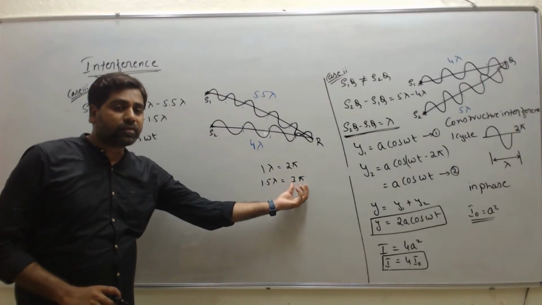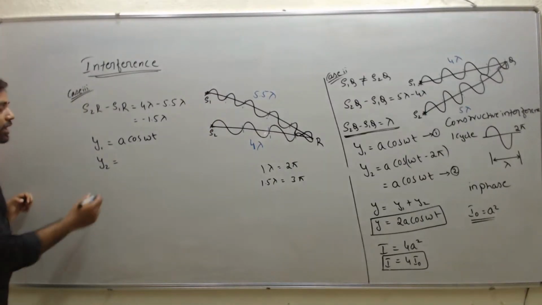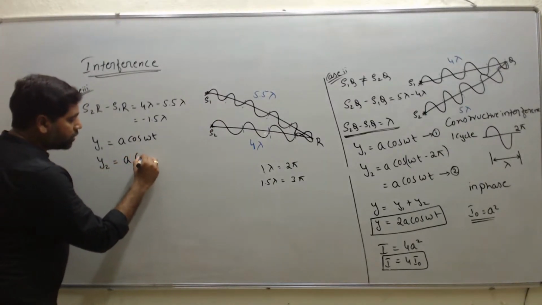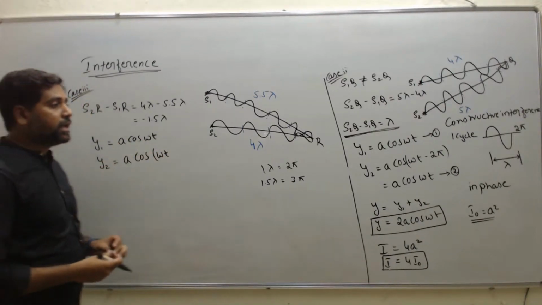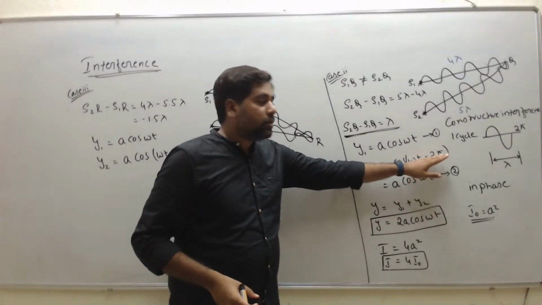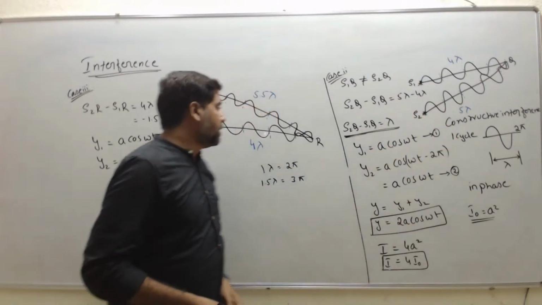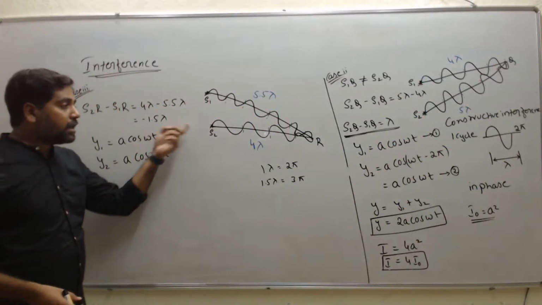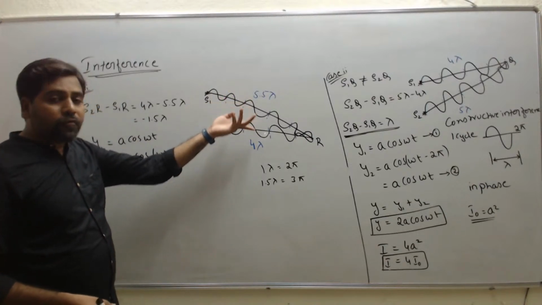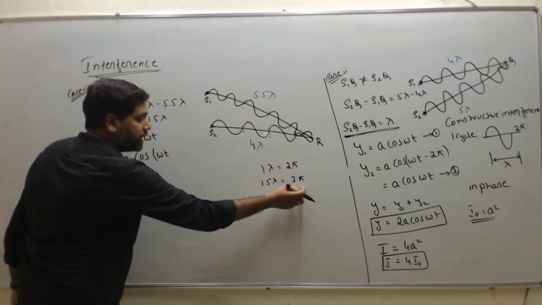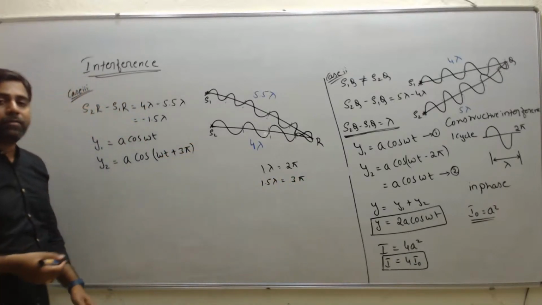Then we can write y2 equals a cos of omega t, earlier means plus. Minus would mean the source S2 is delayed. Here S2 is earlier than S1 by 1.5 cycles, and 1.5 cycles can be written as 3 pi, that is omega t plus 3 pi.